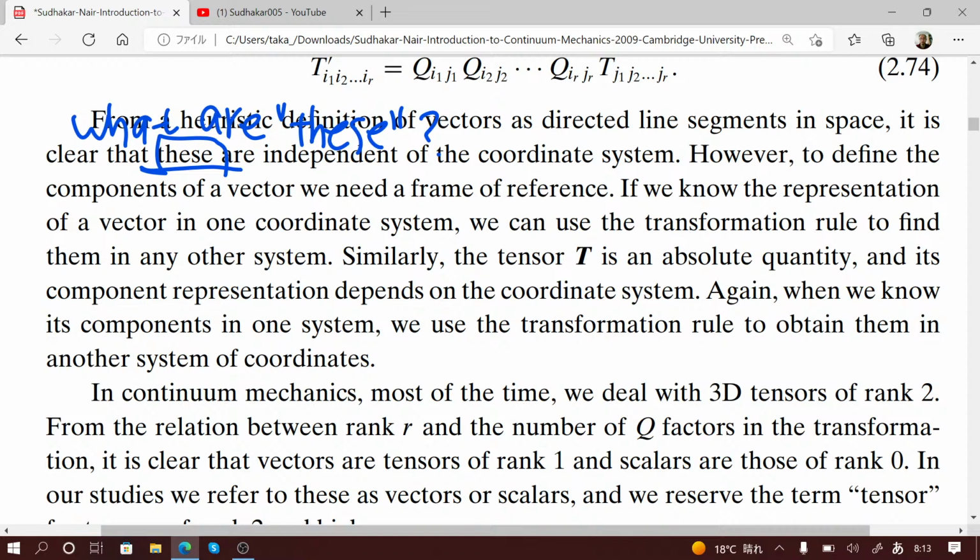Similarly, tensor T is an absolute quantity, and its component representation depends on the coordinate system. Again, when we know its components in one system, we use the transformation rule to obtain them in another coordinate system.